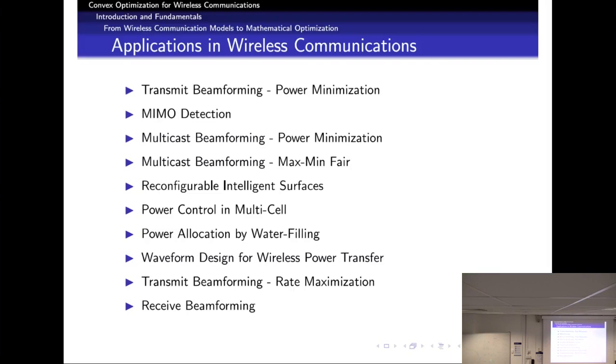H. Intelligent surface, what they aim at doing is to have within the propagation environment a lot of passive elements. So you can imagine those are kind of antennas, but they're completely passive, so they don't have active RF components. And any wave that you transmit to a receiver will actually bounce against those intelligent surfaces.